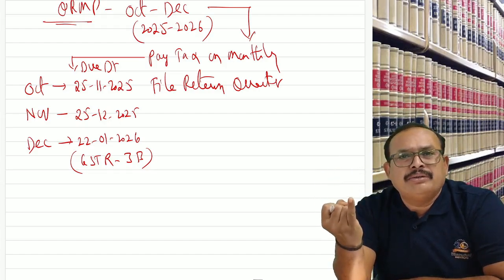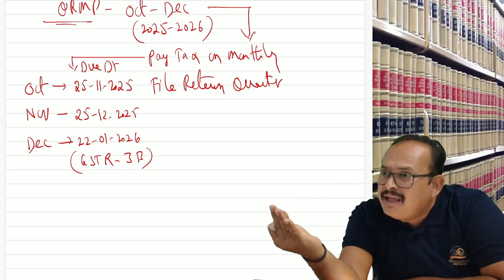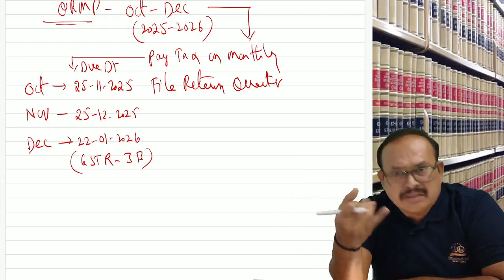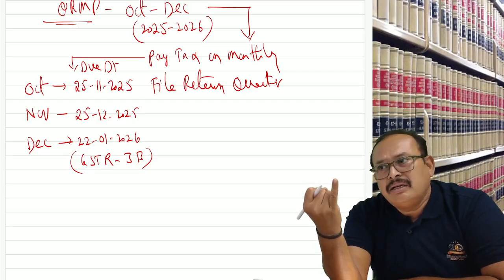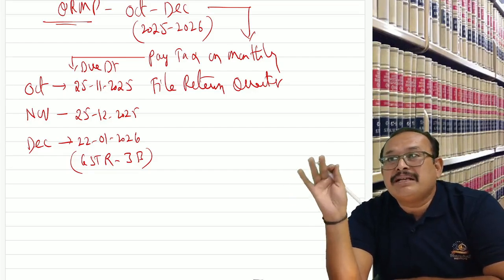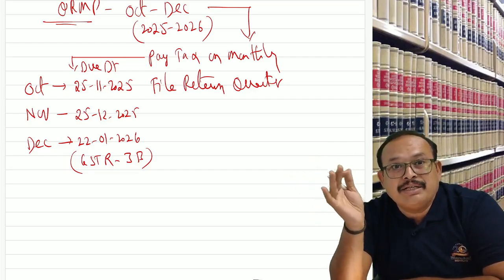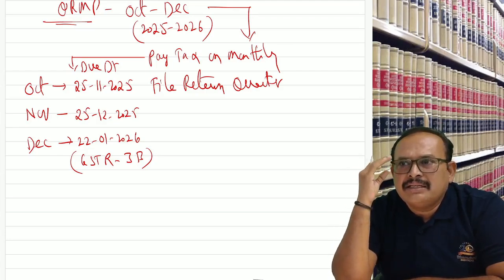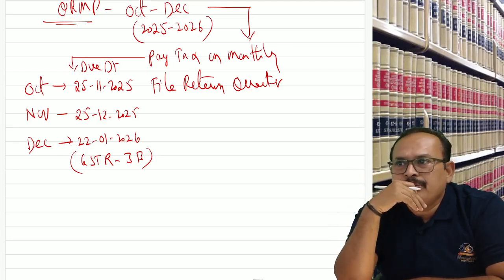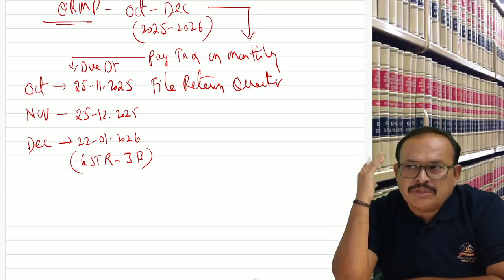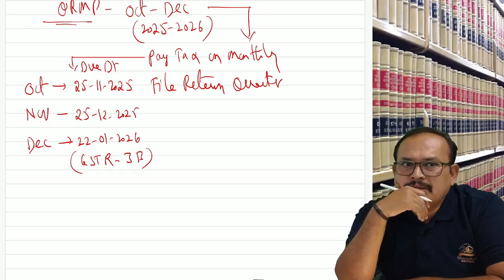Tamil Nadu, Karnataka, Kerala, Puducherry, Andhra Pradesh, Telangana, Maharashtra. These are grouped as the 22nd due date. Northeastern states, Meghalaya, Mizoram, Uttar Pradesh, Uttarakhand.